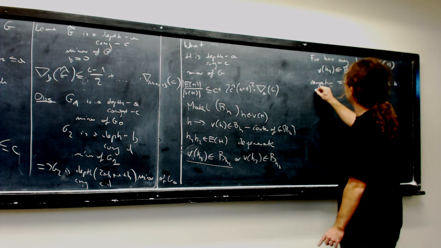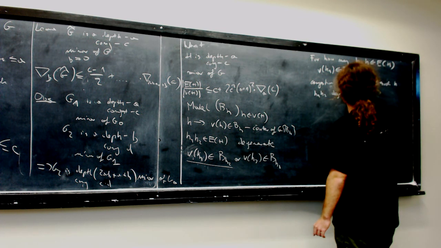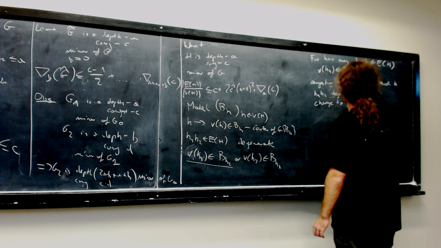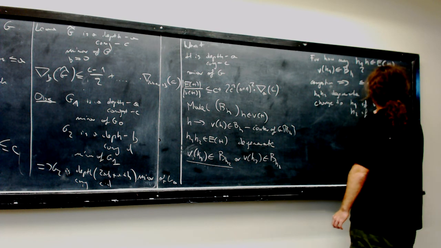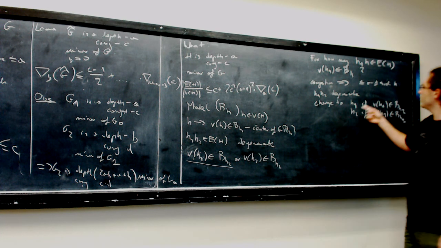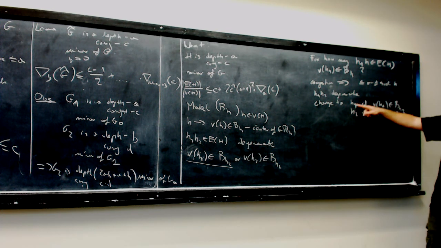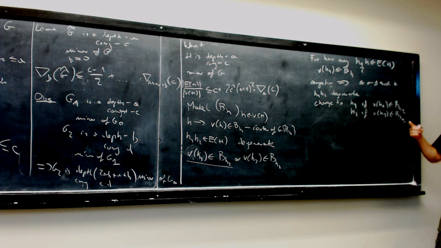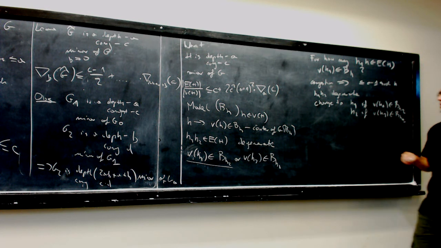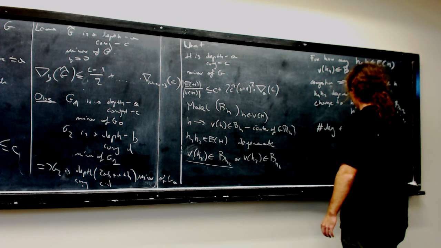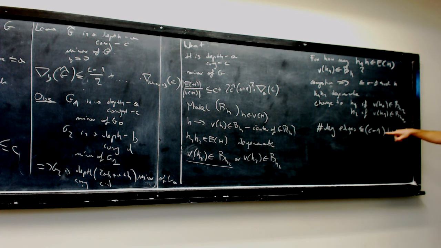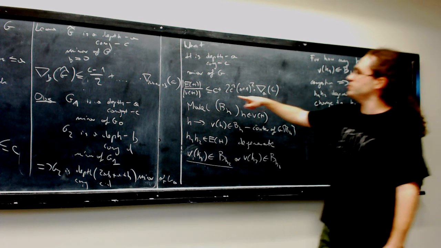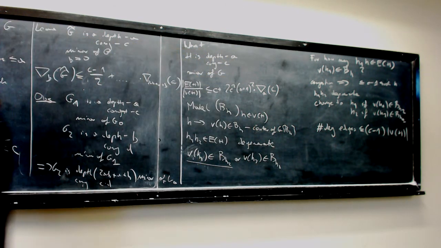So if H1H2 is degenerate, we charge it to H1 if V of H1 lies in the branch set of H2, and charge it to H2 if V of H2 is in the branch set of H1. Now every edge is charged to something, and every vertex of H is charged at most C minus 1 times, which means that the number of degenerate edges is at most C minus 1 times the number of vertices of H. Which means that this corresponds to this C here. I could have put here, let me take colorful chalk.